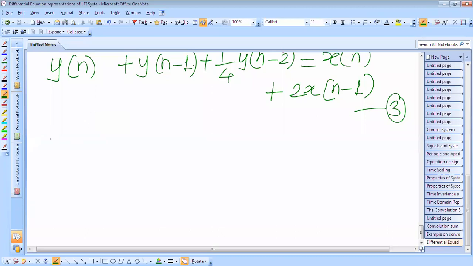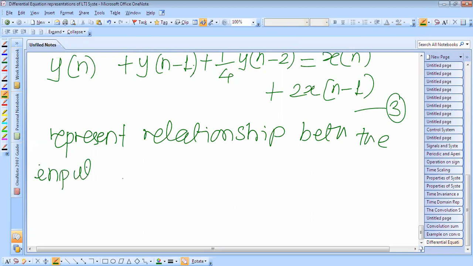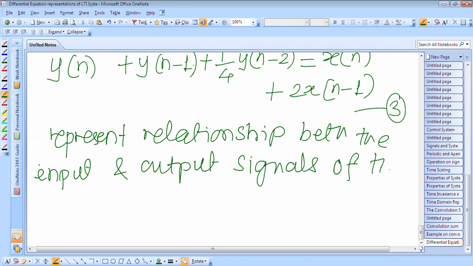And this equation represents the relationship between the input and output signals of the system. What is the input signal? Suppose it is applied voltage, and the output signal is the current flowing through the circuit.